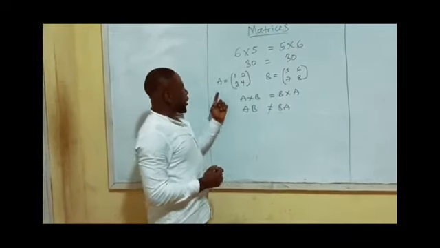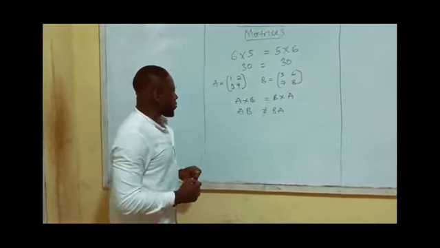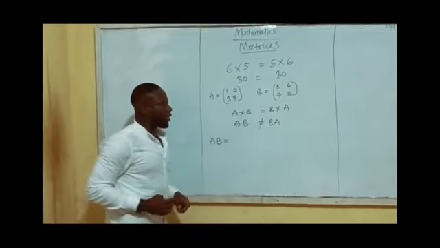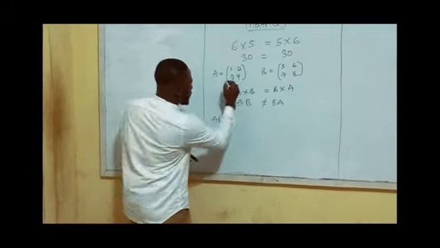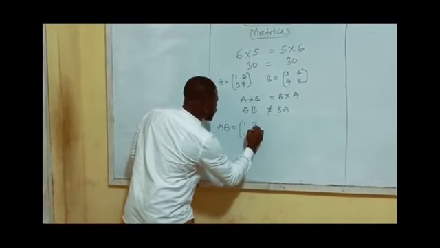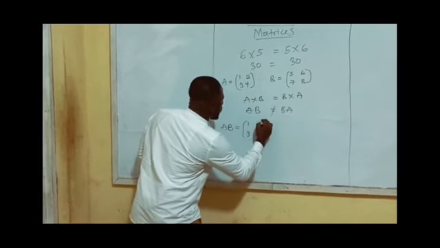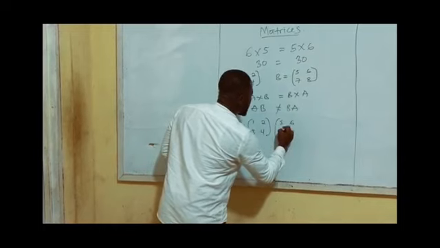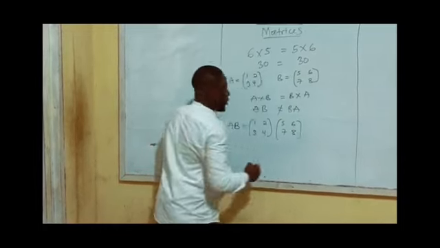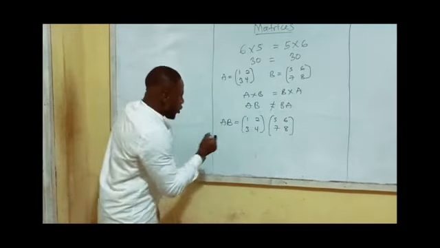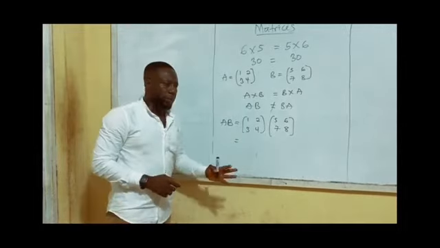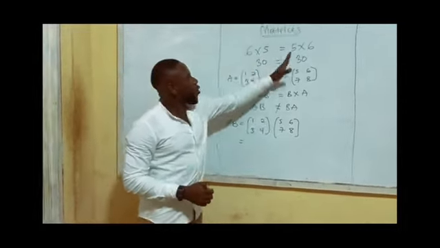So we have matrix A and matrix B, and we are multiplying A by B. Matrix A is 1, 2, 3, 4, multiplied by 5, 6, 7, 8. Multiplication of matrices is not their problem; the misconception comes from the idea that the order doesn't matter.